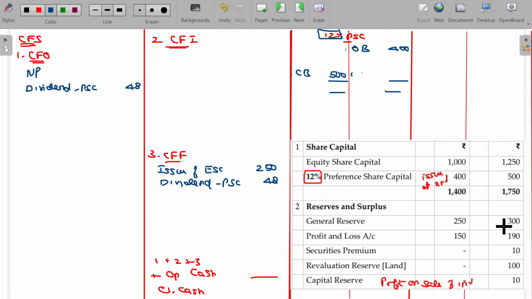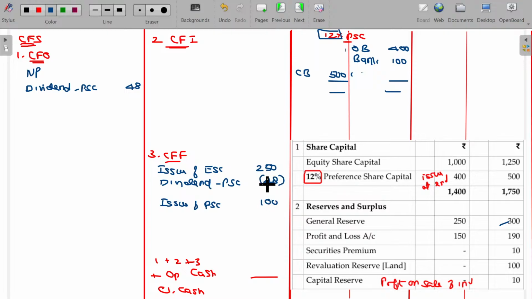GR initially 250 and issue is also there. We can put that value also here. Bank. Issue of equity share, preference share capital, 100 rupees.